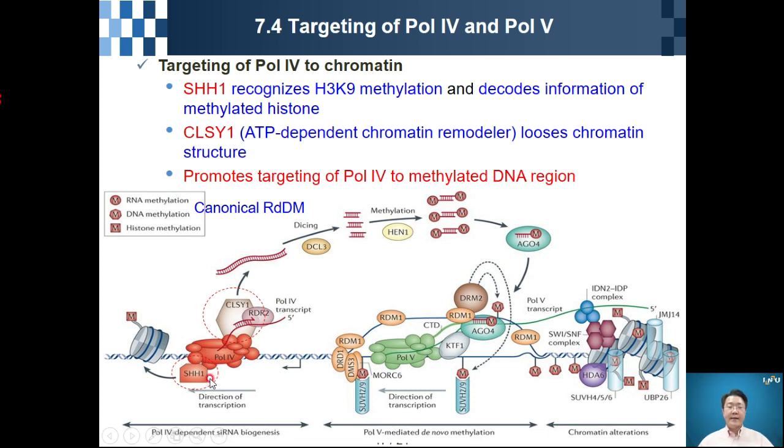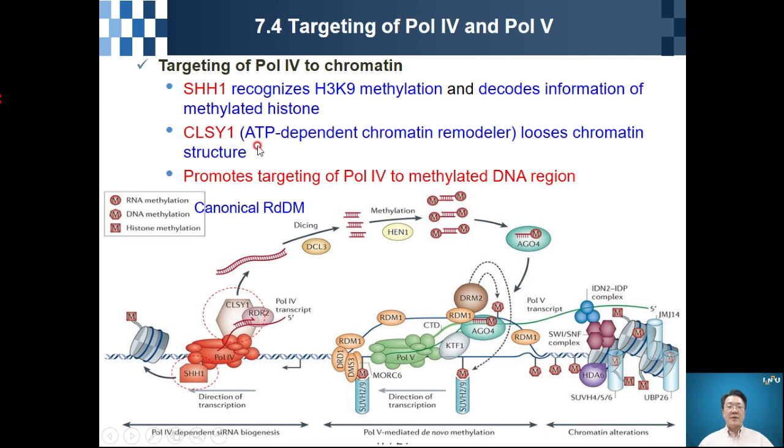Why? SHH1 first recognizes H3K9 methylation. After that, it decodes the information of the methylated histone. So maybe SHH1 directs CLSY1 to function. What kind of function?